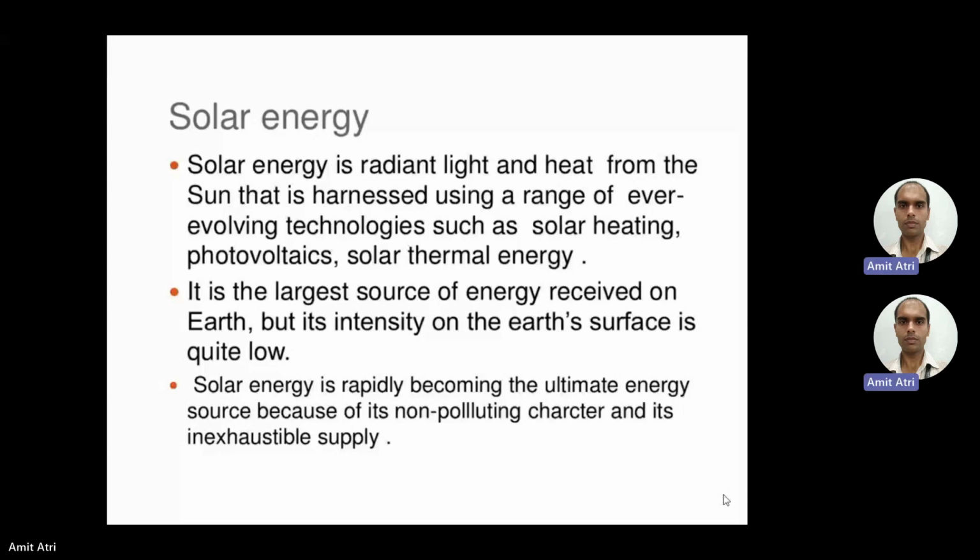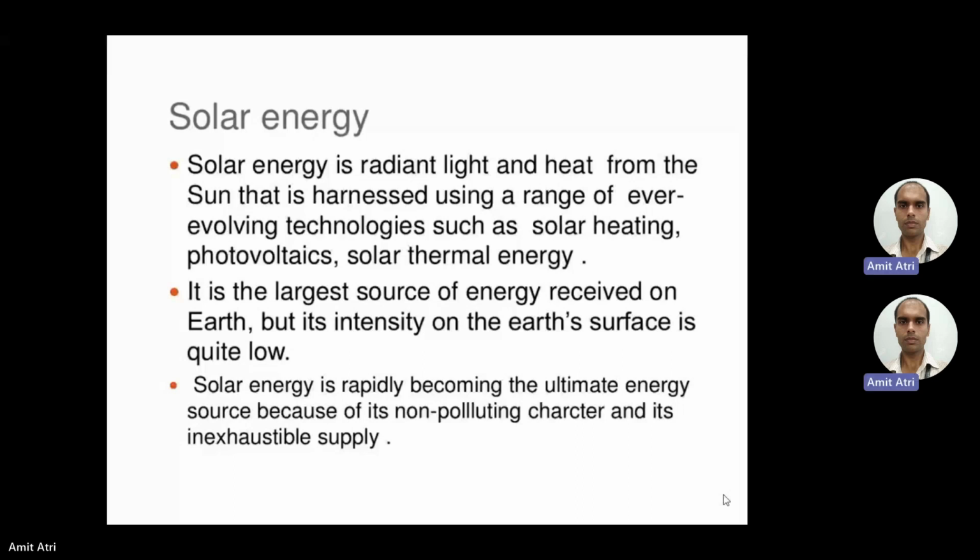A brief introduction to solar energy: this is the radiant light and heat from the sun that is harnessed using a range of evolving technologies such as solar heating, photovoltaics, and solar thermal energy. So we can utilize heat and light from the sun and do some type of useful work.